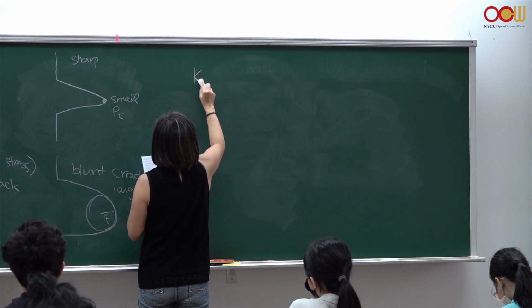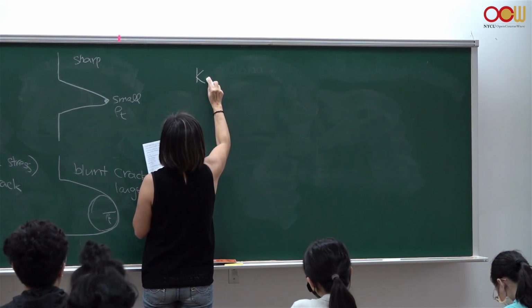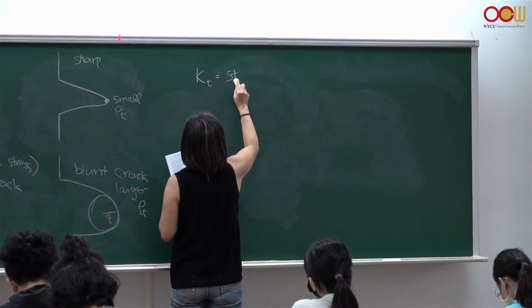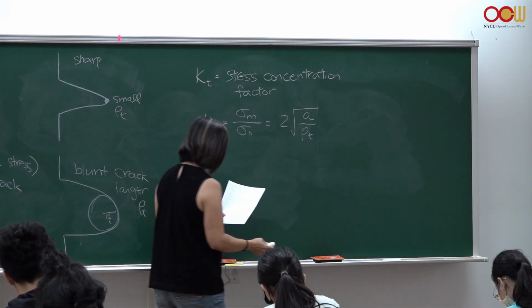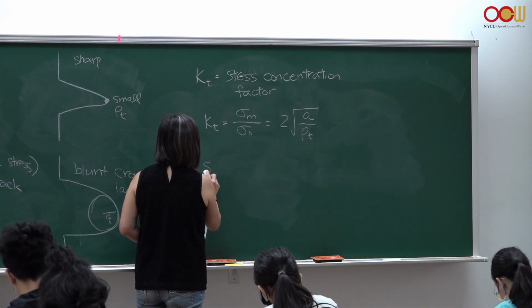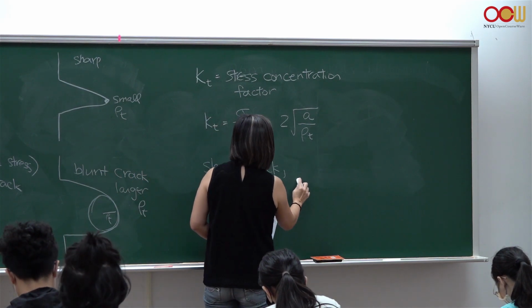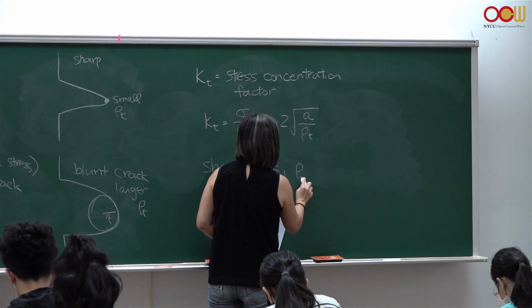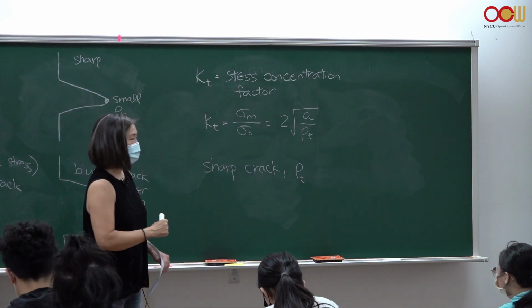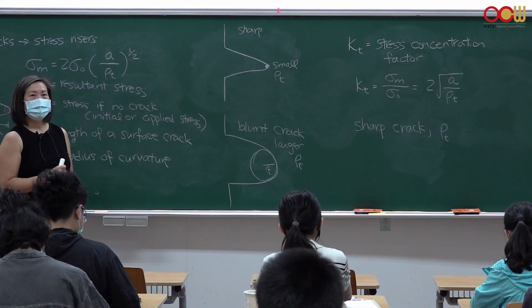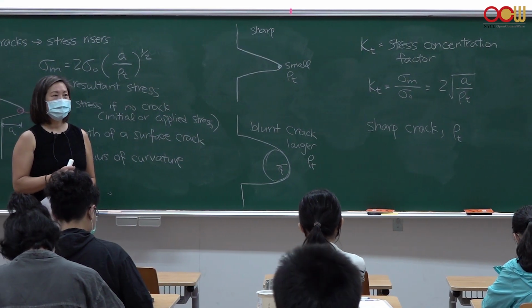We also have something called K sub T. It's called the stress concentration factor. So if you have a sharp crack, do you have a big or small rho, radius of curvature? In a sharp crack, you'll have a small rho.